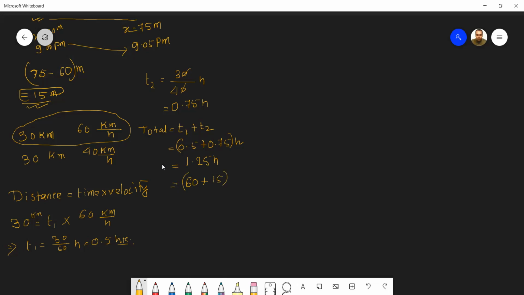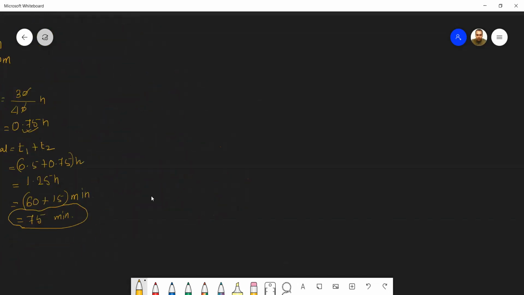So 60 plus 15 simply gives us 75 minutes. So the car would take 75 minutes to cover the total distance. This is how you can solve this question: first 30 kilometers in 0.5 hours and the next 30 kilometers in 0.75 hours, and total time would be 75 minutes.